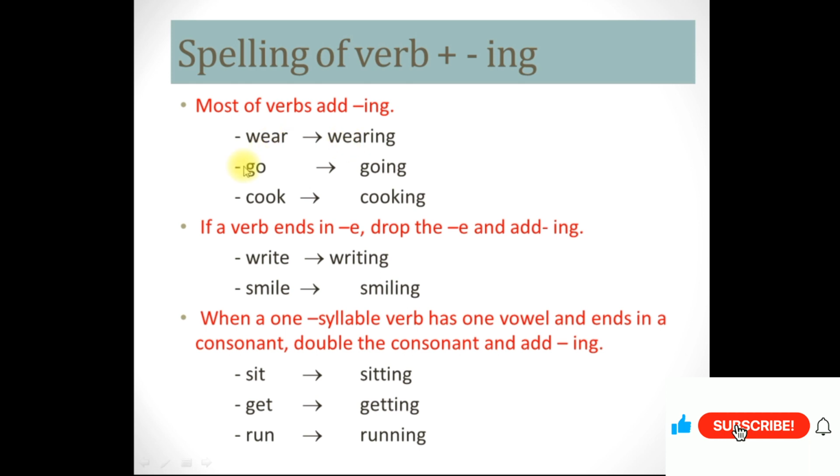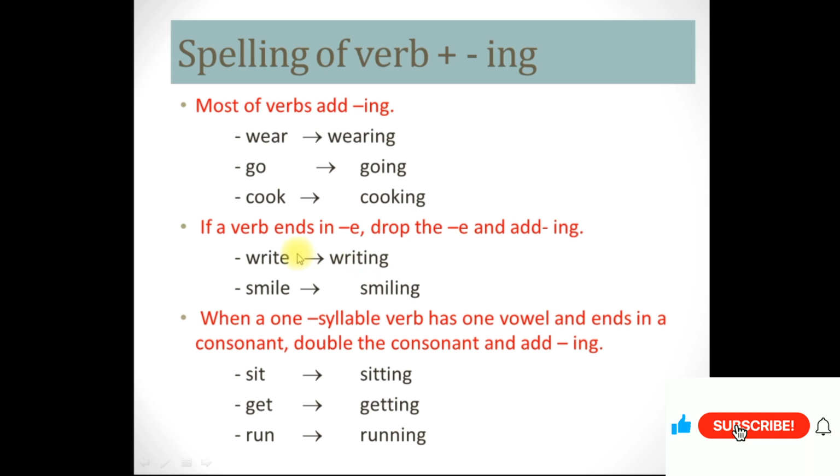But if a verb ends in e, we have to drop the e and then add ing. When we have a single e at the end of the verb, like write, before we add ing, you have to drop the e, so it becomes writing. Smile becomes smiling. We do not keep the e and then add ing.